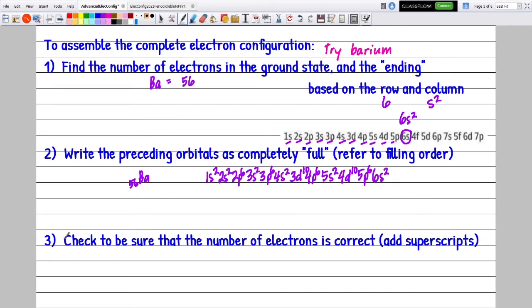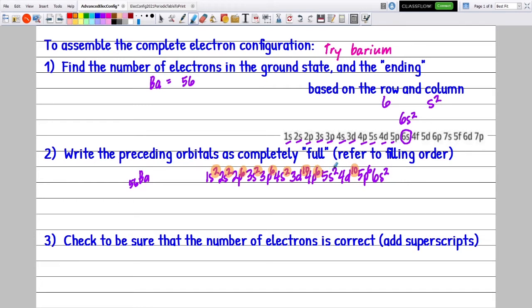Now, the third step is to check to be sure that the number of electrons is correct. So let's add up all these superscripts. Specifically, 2 plus 2 plus 6, that's 10. Plus 2 plus 6 plus 2, that's 20. Plus another 10, that's 30. Plus another 10, that's 40.